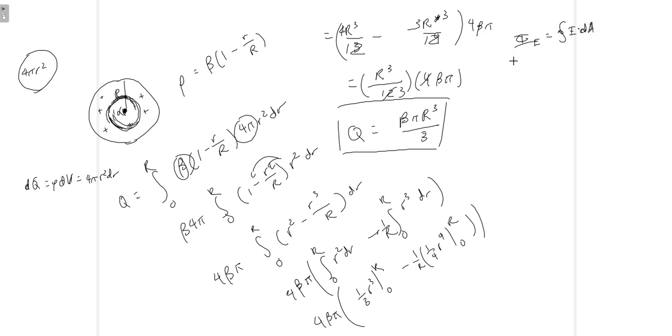So within the sphere, the electric field times the surface area, which will be 4 pi r squared, again that's the surface that we're looking at, will be equal to the charge enclosed. Now with the charge enclosed, if r is smaller than big R, then not all the charge is going to be enclosed.